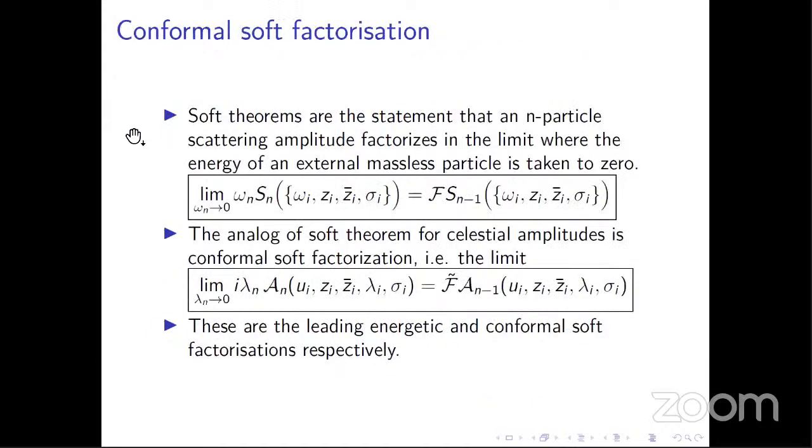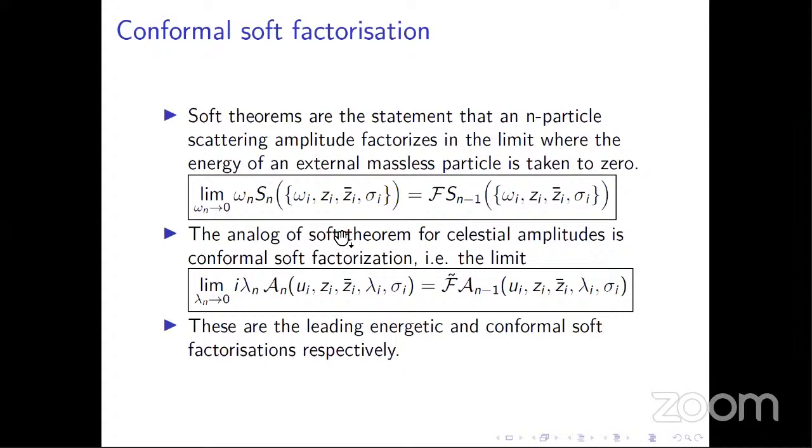So now coming to the conformal soft theorem. The energetic soft theorem can be given like this: as omega, the energy scale, goes to zero, the n-particle scattering amplitude goes to some factor times the n-1 particle amplitude.